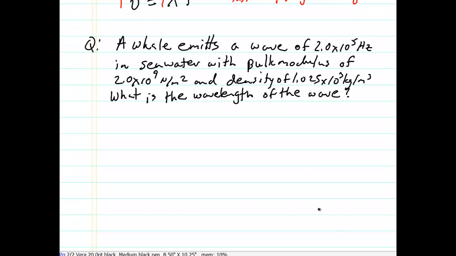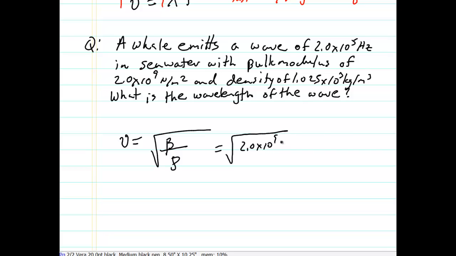So in order to find the wavelength, since we know the frequency, we first got to find the speed. The speed is equal to the square root of the bulk modulus over the density, which is the square root of 2.0 times 10 to the 9 Newton per meter squared, divided by 1.025 times 10 to the 3rd kilogram per meter cubed.